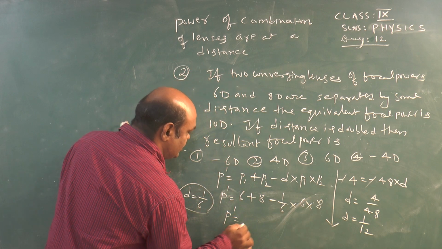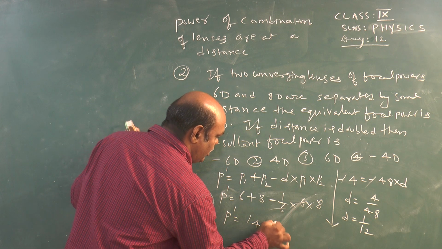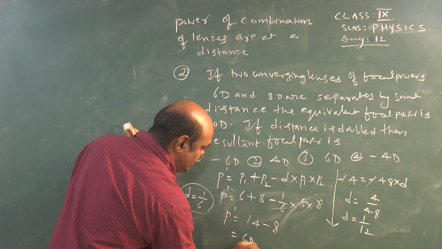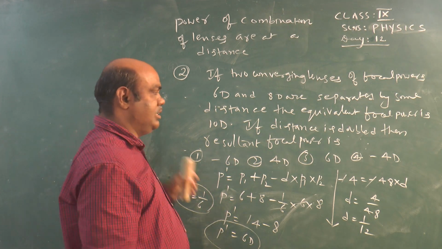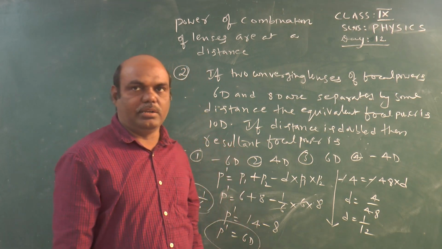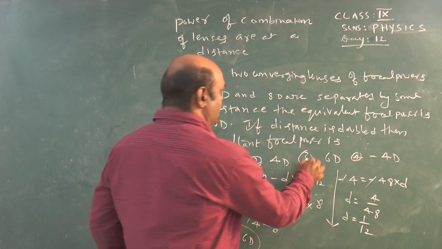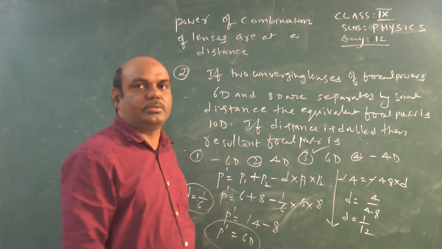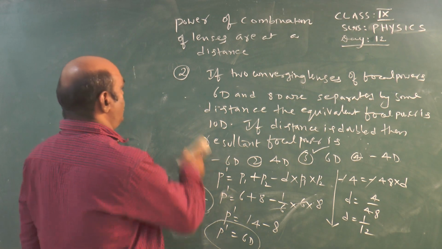So P dash is equal to 14 minus 8, so 6 diopters. So after the distance between the two lenses is doubled, the resultant focal power is 6 diopters. So the third option is correct.